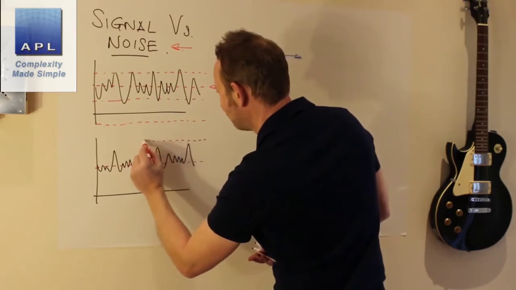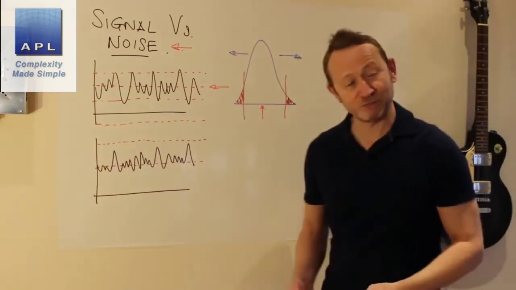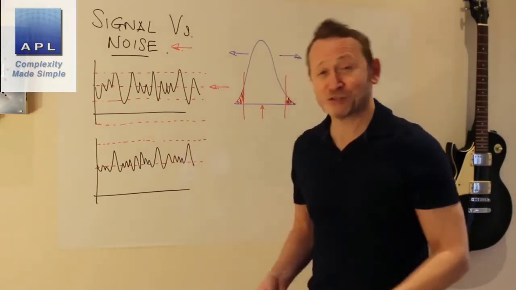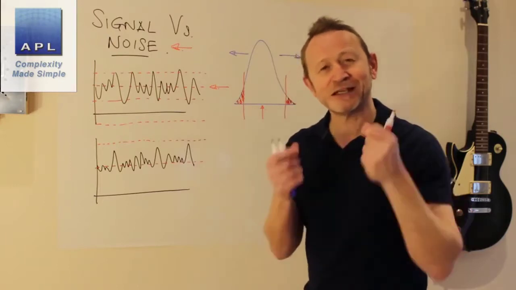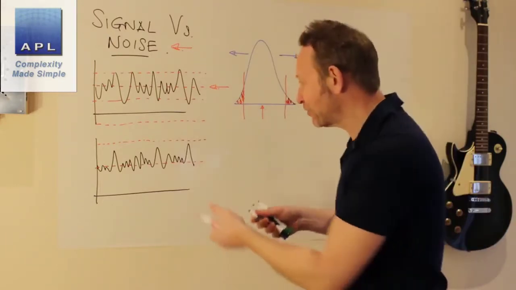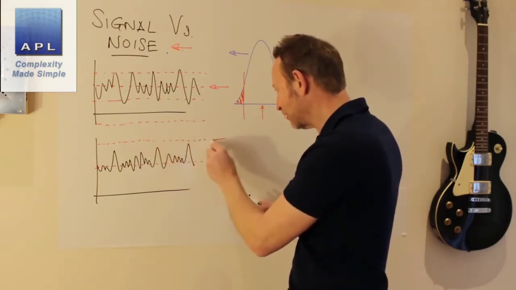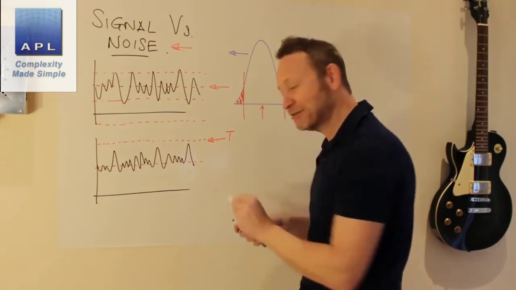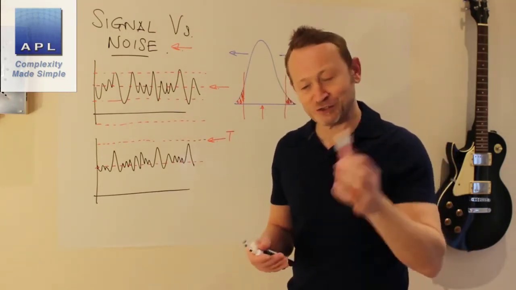There's the nominal that we're aiming for. Now what's my problem? Well, my problem is the whole thing's sitting too low. This is a problem with signal. The signal is the mean, the average of your process. Now this is a problem that I haven't got the signal sitting on target. Here's the target here, T, the middle of the tolerance. This is a problem with signal.